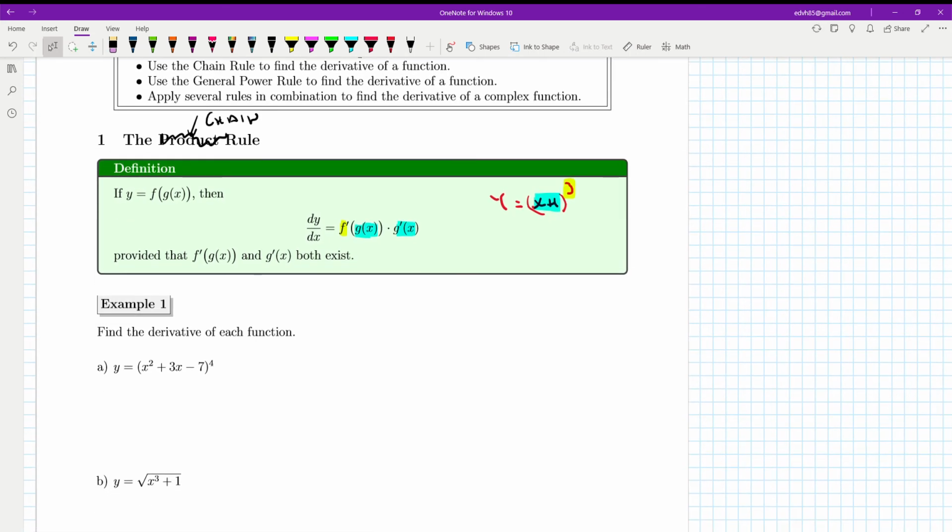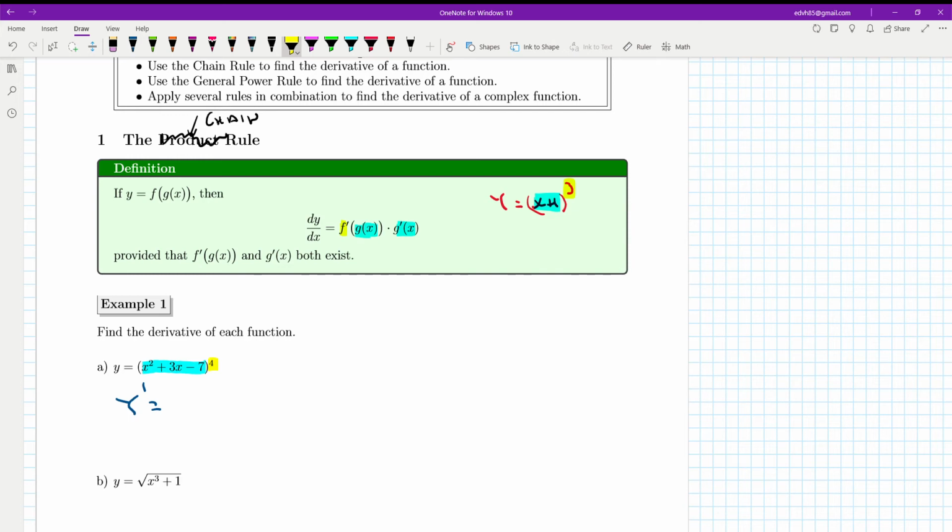Find the derivative of each function, that is, find y prime. Think of this function as a composition of an inner function and an outer function. The outer function, you can think of as a function like x to the fourth power.